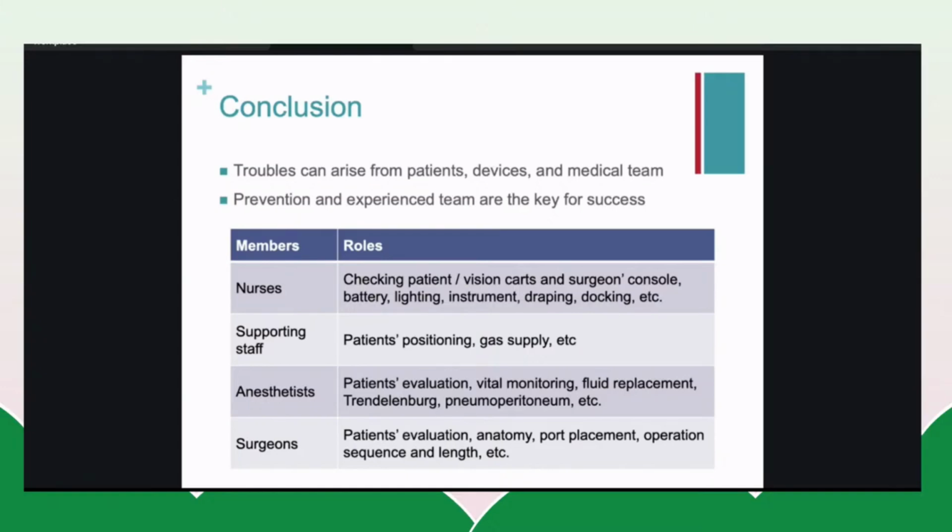For example, the nurses have to check the patient's card, the robot system, lighting, everything. Supporting staff are important because they have to put the patient into position. Anesthetists and surgeons are responsible for evaluating the patients before the operation, so that their conditions can be optimized before the operation.